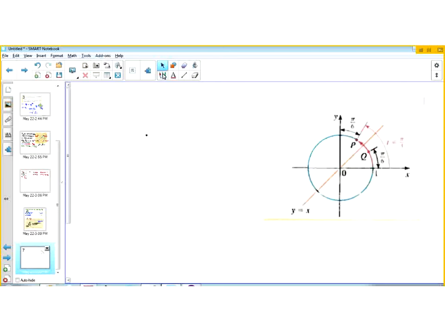So what we're solving is the following. We wish to calculate the coordinates of the terminal point for t equal to pi thirds.